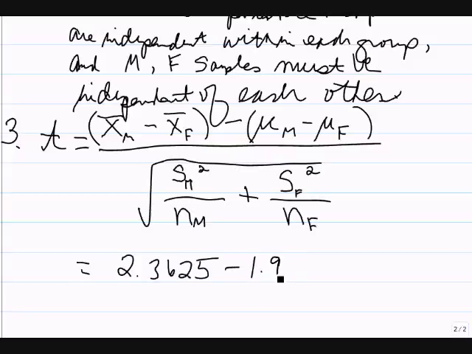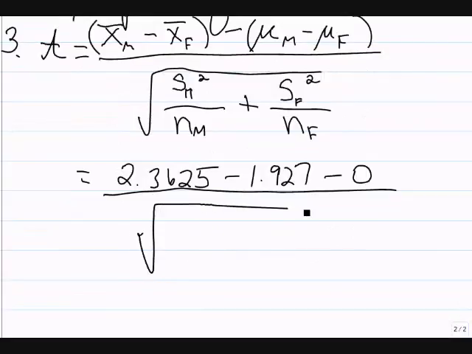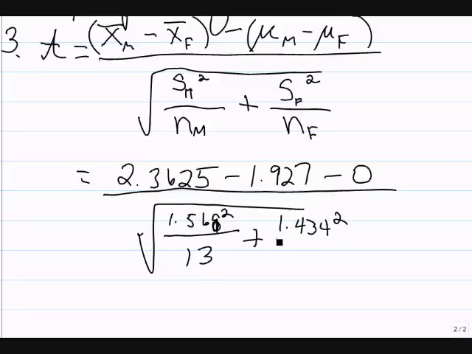Okay. 1.927 minus 0, divided by the square root of 1.568 squared, sorry, divided by 13 males, plus 1.434 squared divided by 12 females.